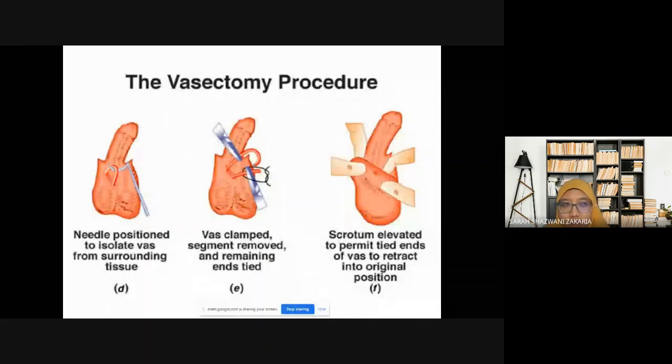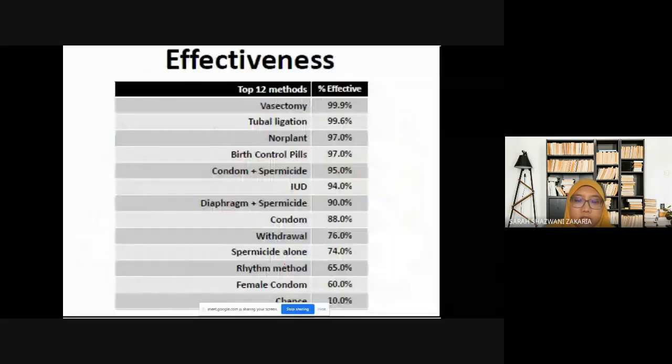Therefore, the sperm produced in the seminiferous tubule will pass to the epididymis, but it will not be transported to the ejaculation pathway. Okay, so this is effectiveness in terms of birth control. So vasectomy, tengok bila permanent is really high effectiveness lah.